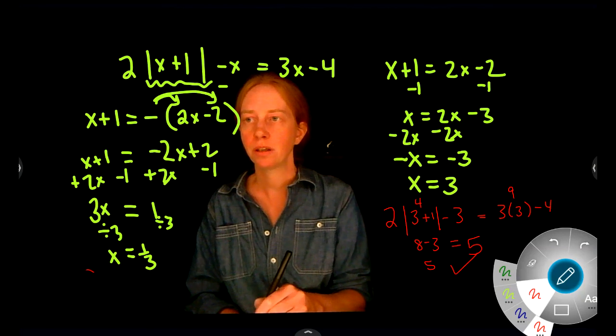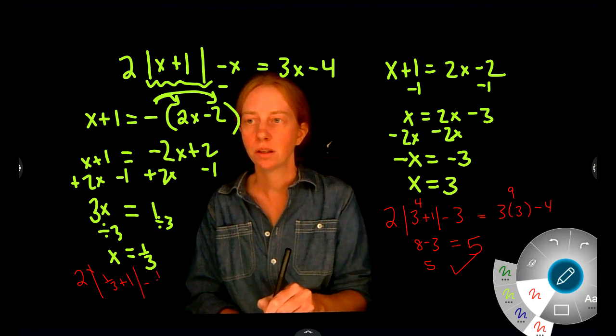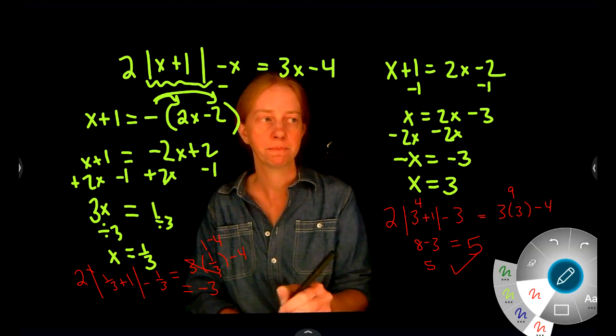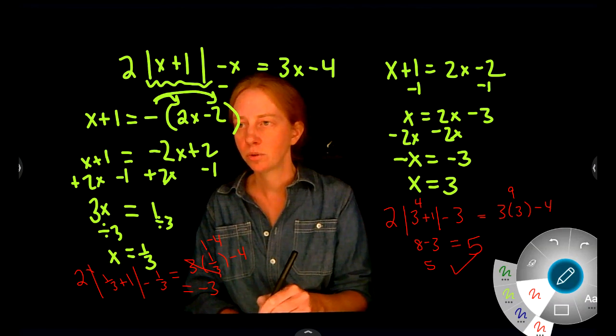Let's check this one over here. So 2 times the absolute value of 1/3 plus 1 minus 1/3 equals 3 times 1/3 minus 4. So 3 times 1/3, that's the easy one. We'll just do this 1 minus 4. This is negative 3 on this side. Okay, let's do some fraction work.